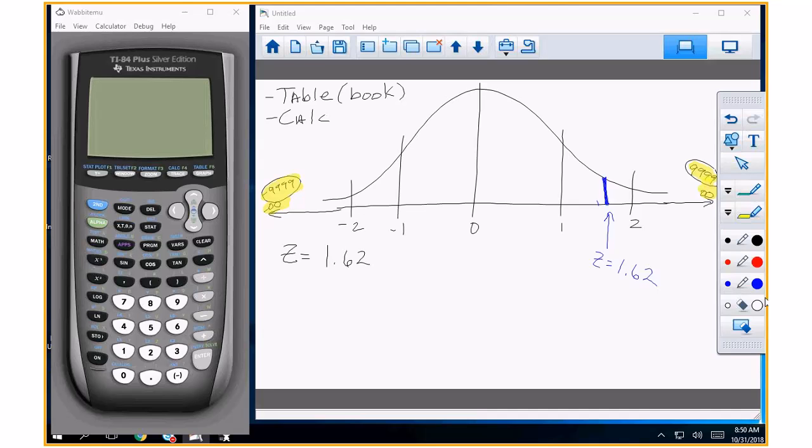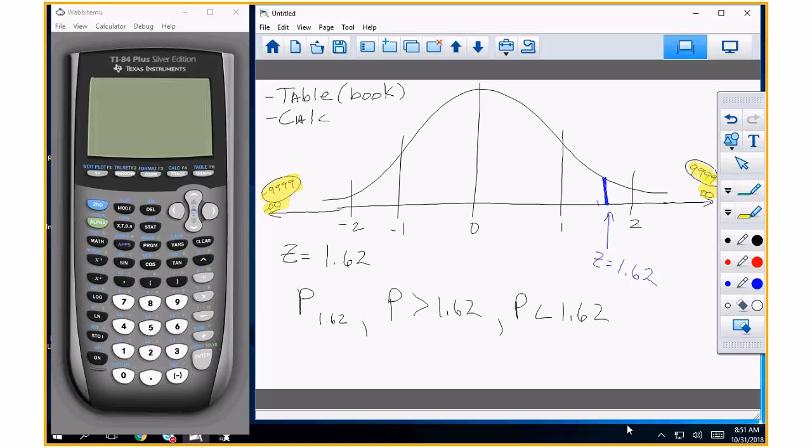Now, the question will ask you, it'll say the probability at 1.62. Or it may ask you the probability that is greater than 1.62. Or it's going to ask you for the probability that is what? Less than 1.62. Now, they may have it worded a little bit differently than I'm showing you, but that's the only probabilities you have.